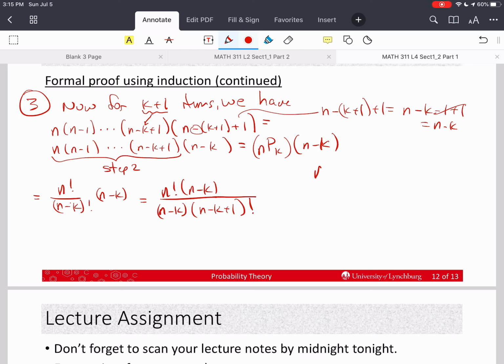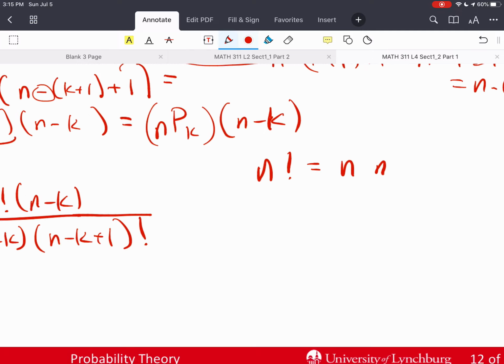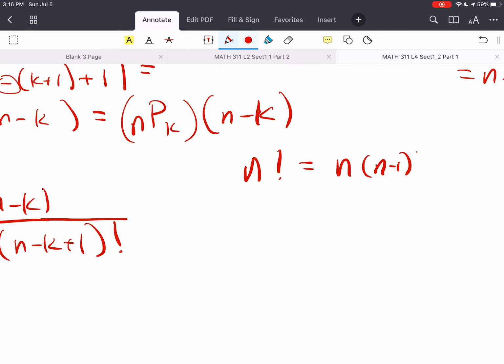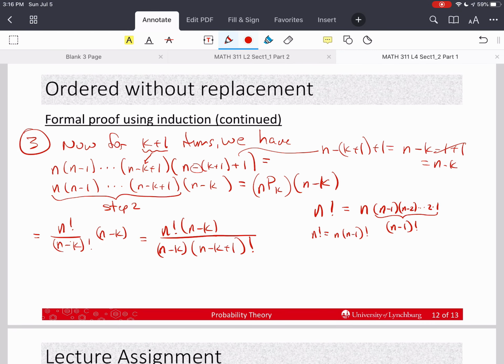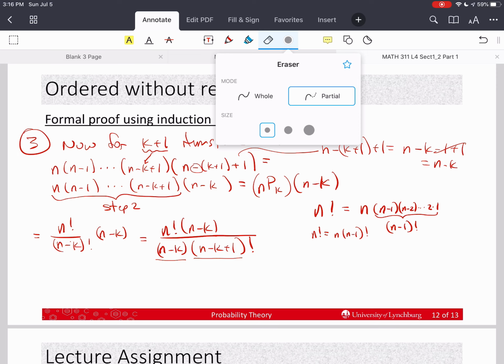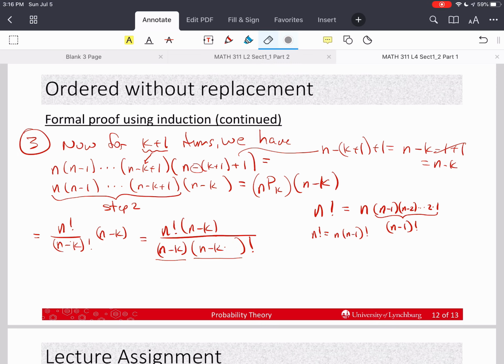Okay? And so notice that n factorial is equal to n times n minus 1 factorial. That's exactly what I've done in this situation. I've pulled out the n minus k, and then I have n minus k minus 1, I'm sorry, this is supposed to be minus 1. Pull out the smallest, yep. Okay.